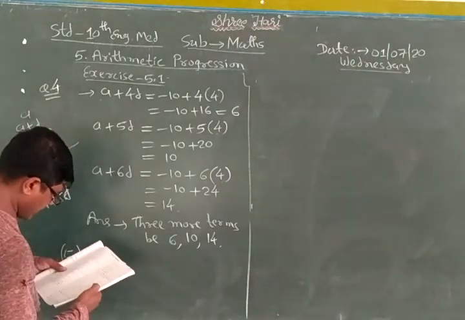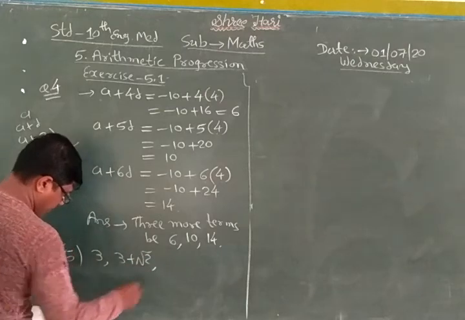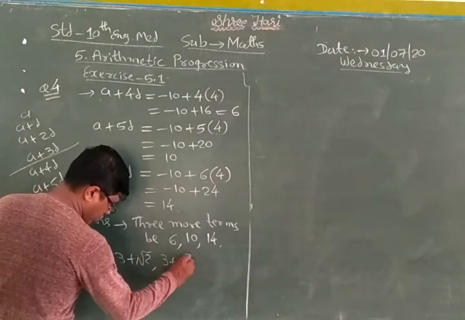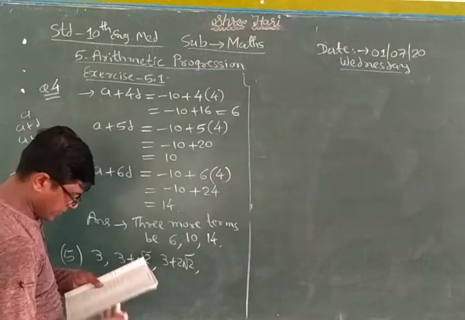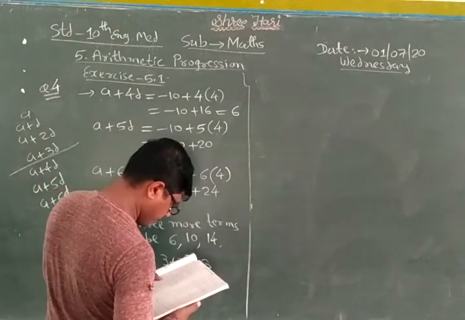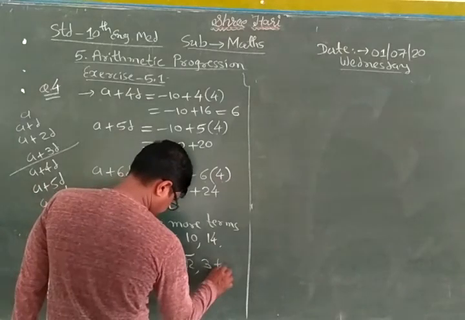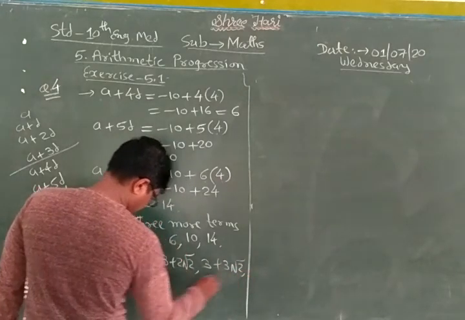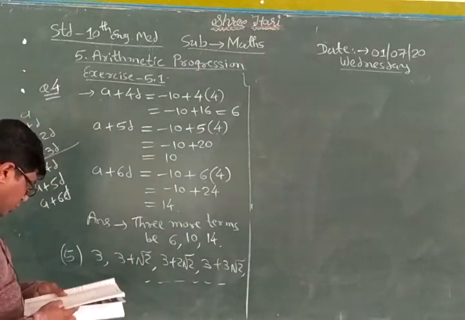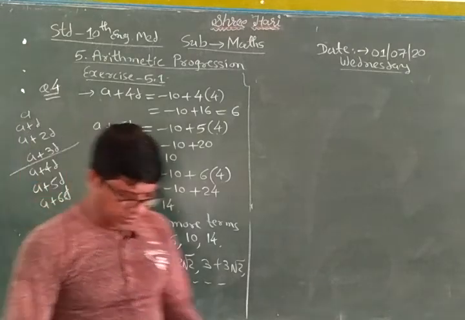Here given: 3 plus root 2, 3 plus 2 root 2, and 3 plus 3 root 2, up to this. Find out first.